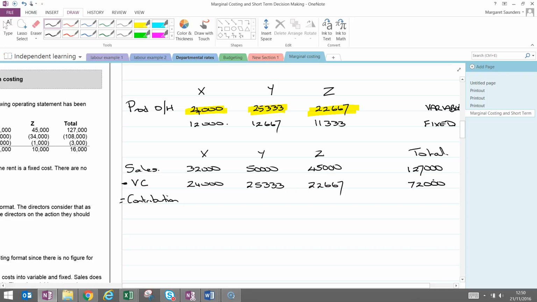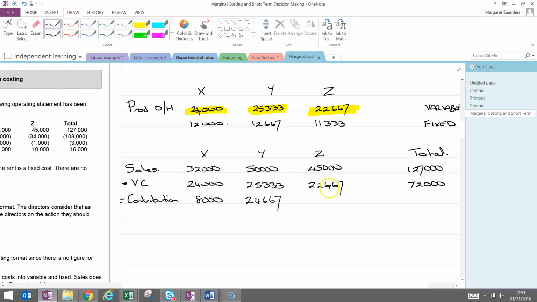So remember, we're deducting our variable costs to give us the contribution. So sales minus the variable cost for product X is £8,000. For product Y, the sales figure, 50,000 minus the variable costs, gives us a contribution of 24,667.